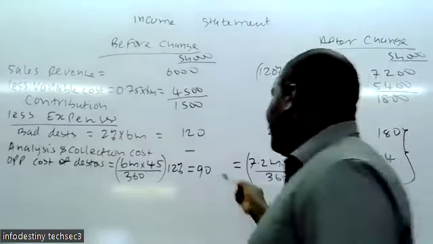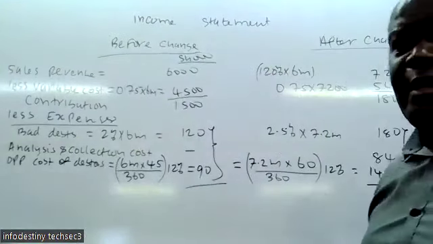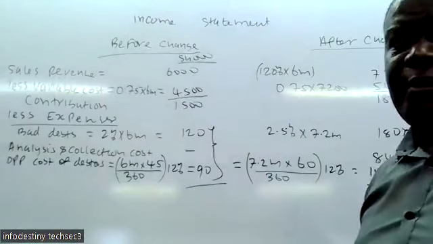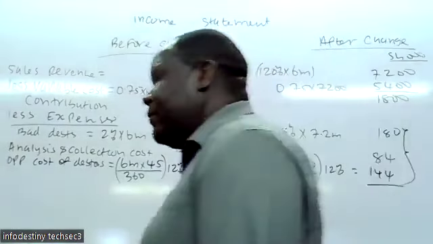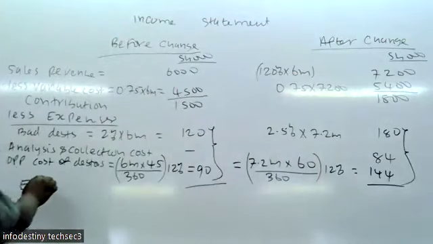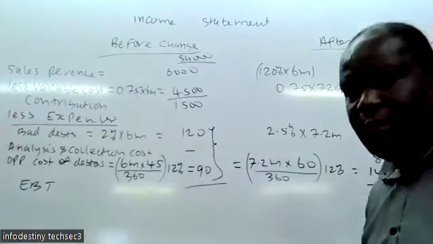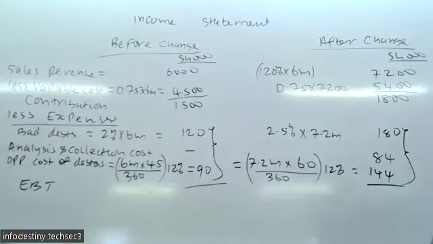You subtract these 3 figures from the contribution, so that you get the net profit before the tax, or simply the earnings before the tax.